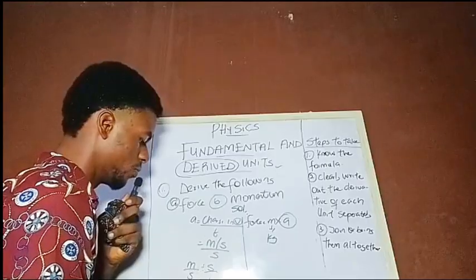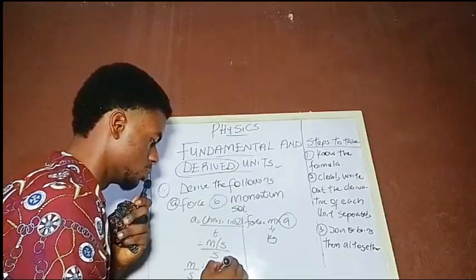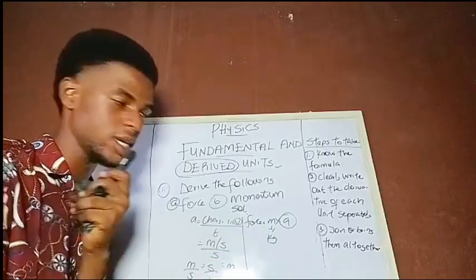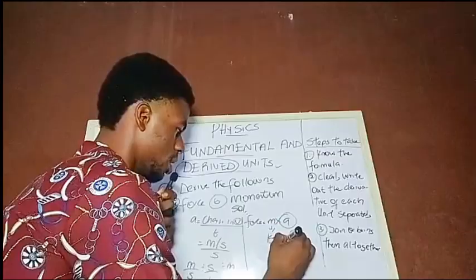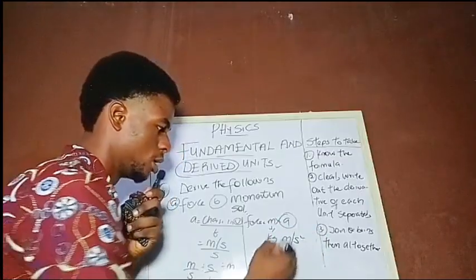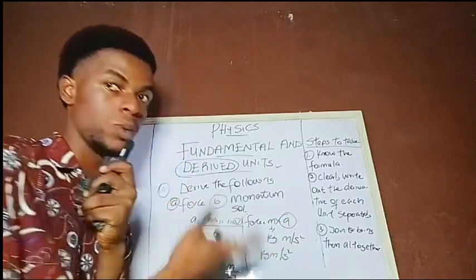So you have m over s divided by s over 1. This one will go up and this will come down, times 1 over s. So it becomes m over s square. Are you with me now? So kilogram meter per second square.